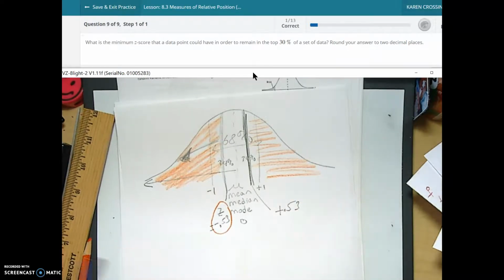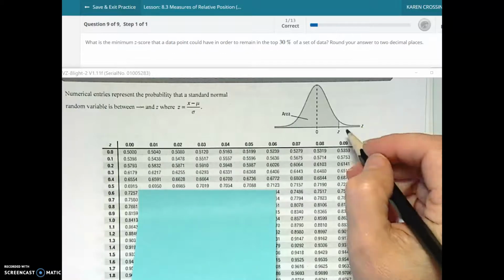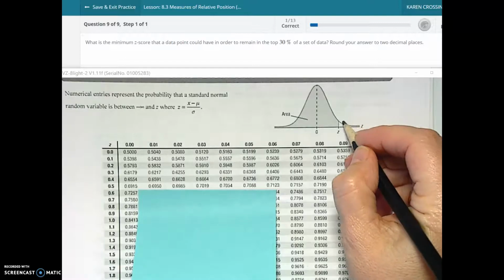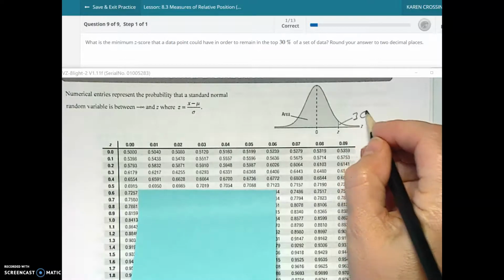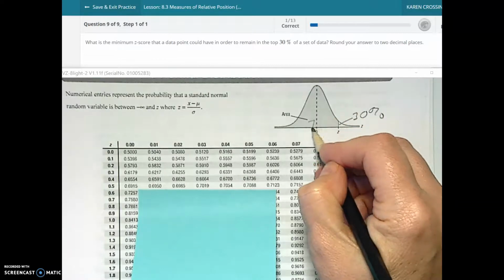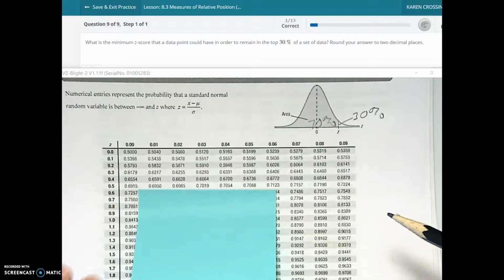Positive 0.53. And let's go ahead and look at the table for that now to see if you see how that correlates. This is going to take a little bit more thinking. It's asking us to make sure we're in the top 30%. Okay, so if we're in the top 30%, then we don't want to be in the bottom 70%. So we have to be above 70%.